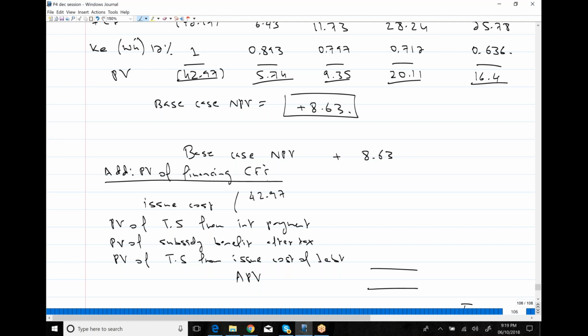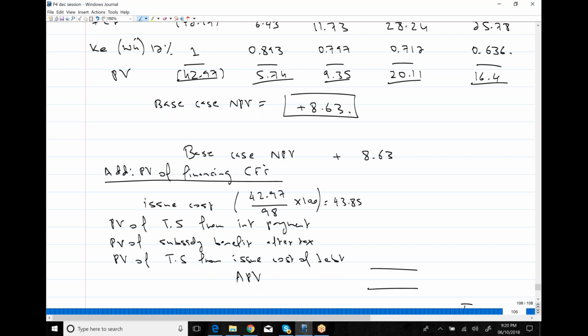So I will gross up this amount. Issue cost is 2%, right? So in order to gross up, you will divide this by 98 into 100. That will give you 43.85.